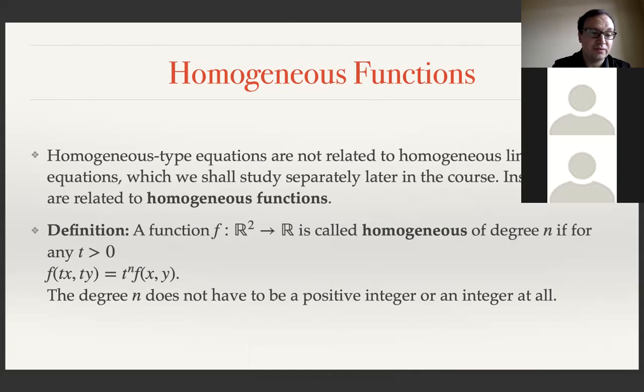So for example, f of tx, ty, tz is equal to t to the n f of x, y, and z. Homogeneous functions are in some sense related to polynomials in that they have a degree, but unlike polynomials, the degree does not have to be a positive integer or an integer at all. It can even be a complex number.